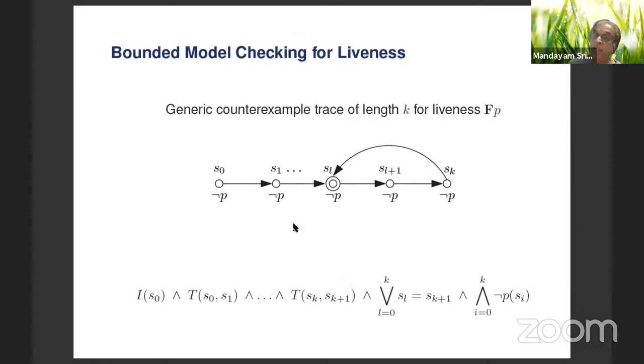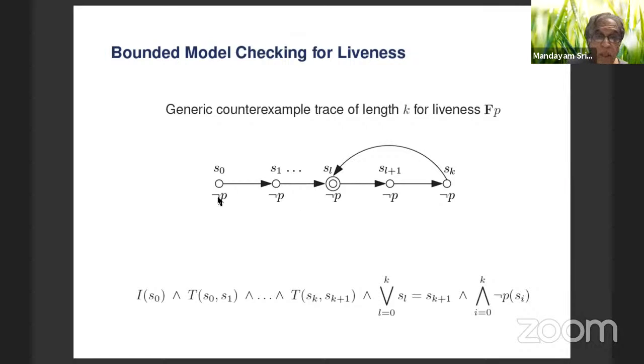Okay? Now you could generate a formula whose satisfiability shows that there is a witness; a satisfying instance becomes a witness to the existence of such a counterexample.